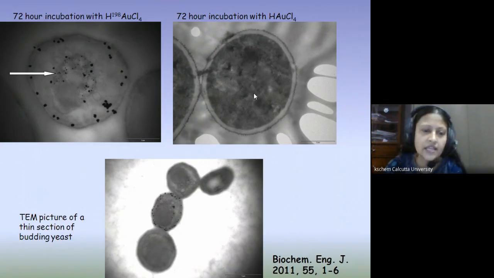So the radiation caused radiolysis inside the cells, and which finally produced free radicals, and the nanoparticles were generated. And this picture shows the budding yeast, which shows that the nanoparticles are not transmitted to the next generation.